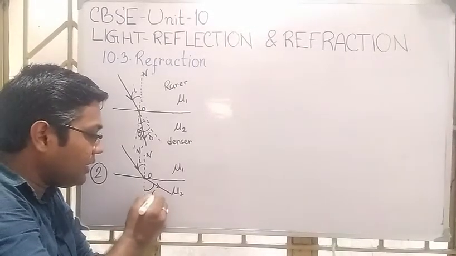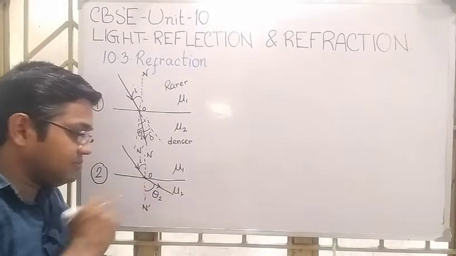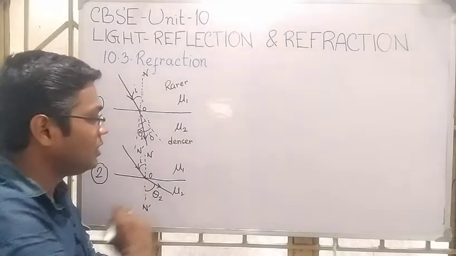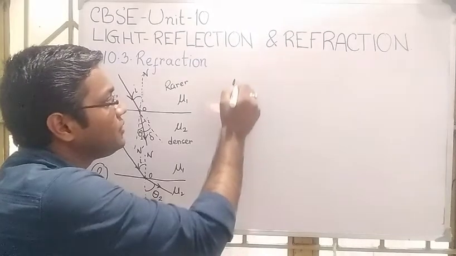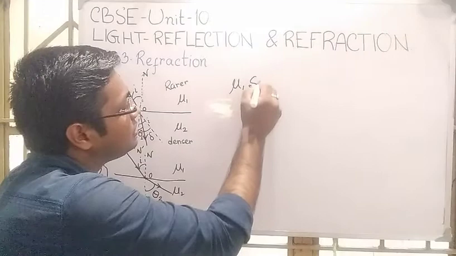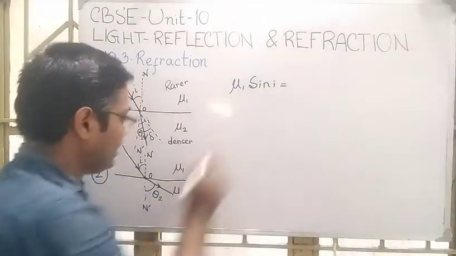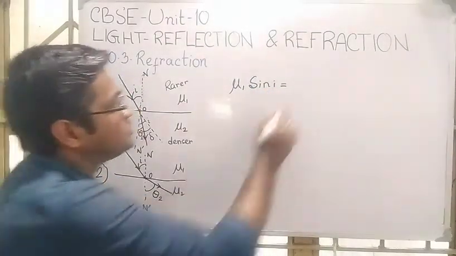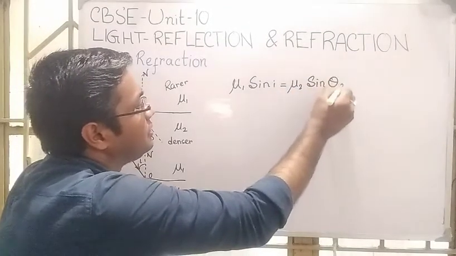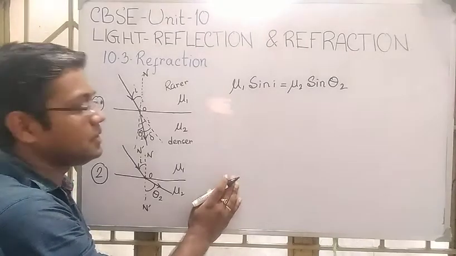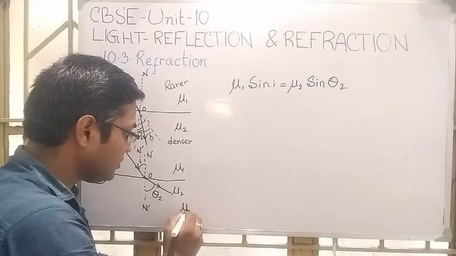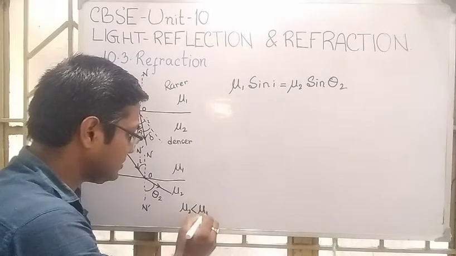This is the angle of refraction. I have considered for diagram 2, it is theta 2. So if I write down Snell's law of refraction, then mu1 sin i equals mu2 sin theta 2. Here I have considered that mu2 is less than mu1.